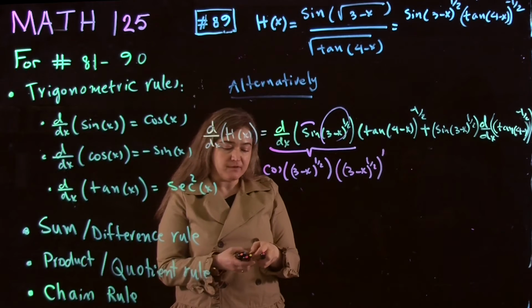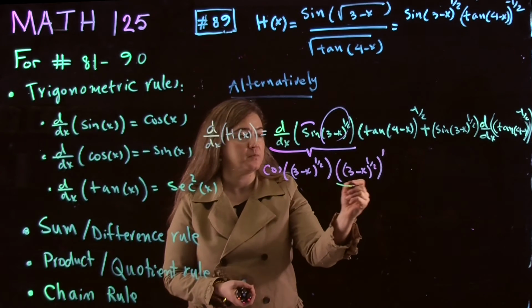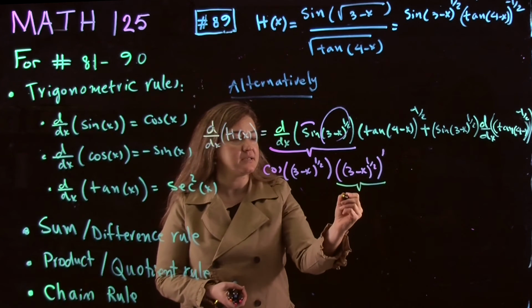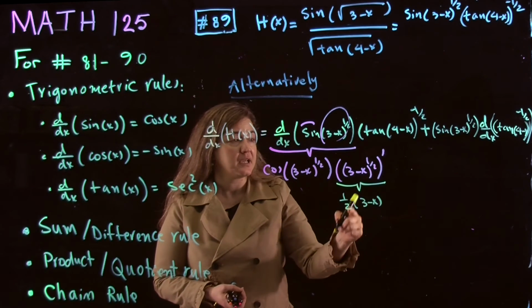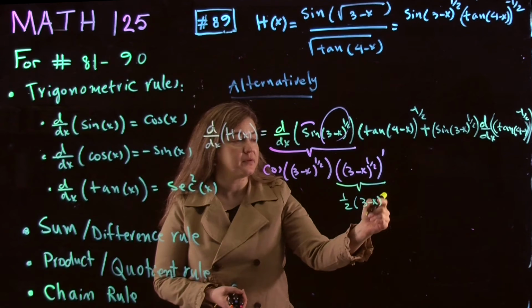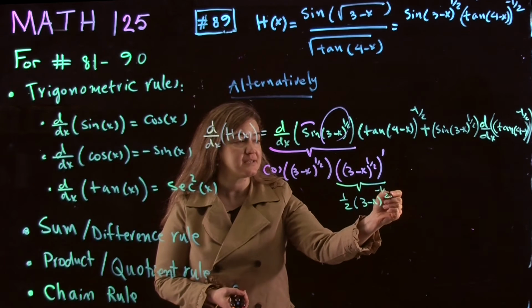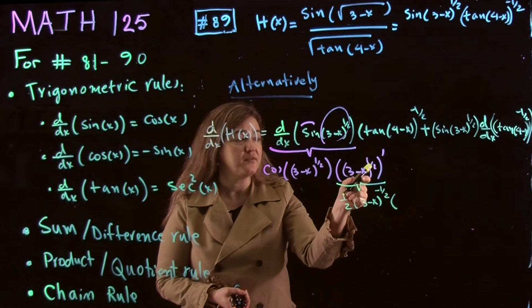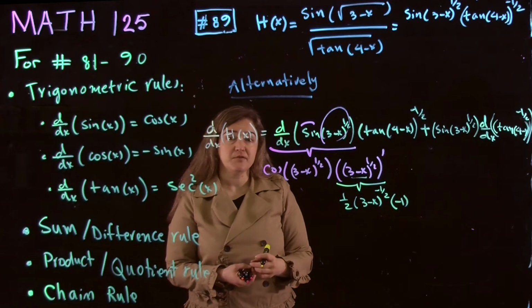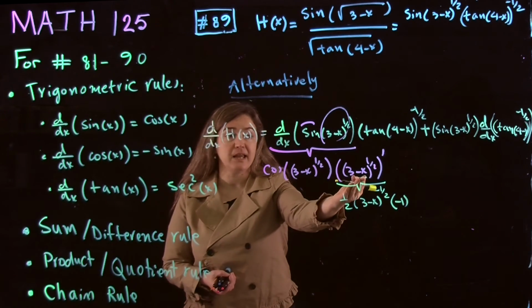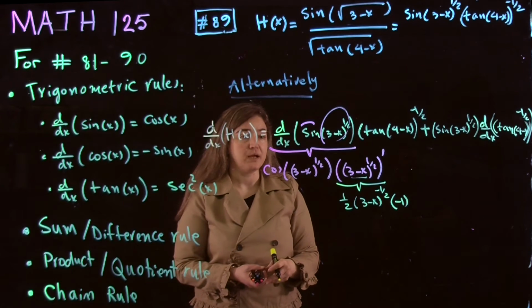So replacing the derivative of inside function, what we get is 1/2. It's a power rule, 1/2 to power 1 less, times the derivative of very inside, which is derivative of 3 is 0, derivative of negative x is negative 1.